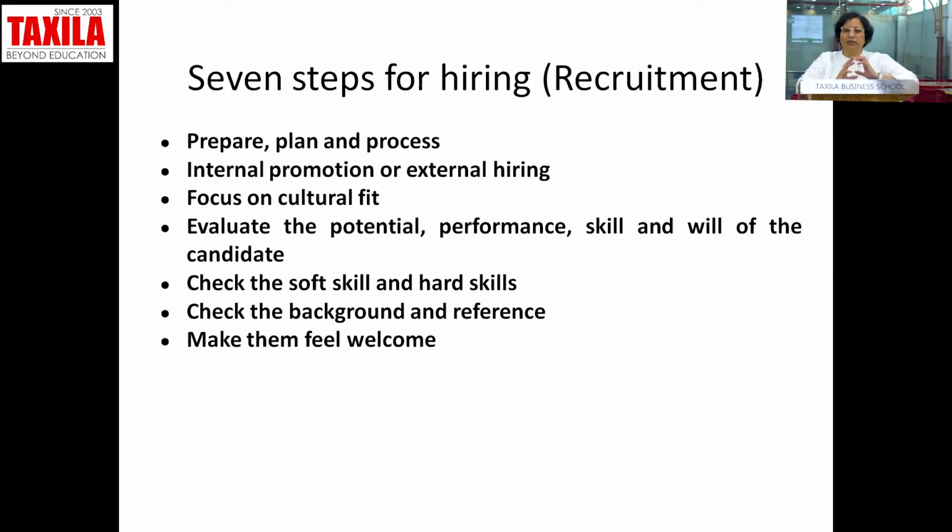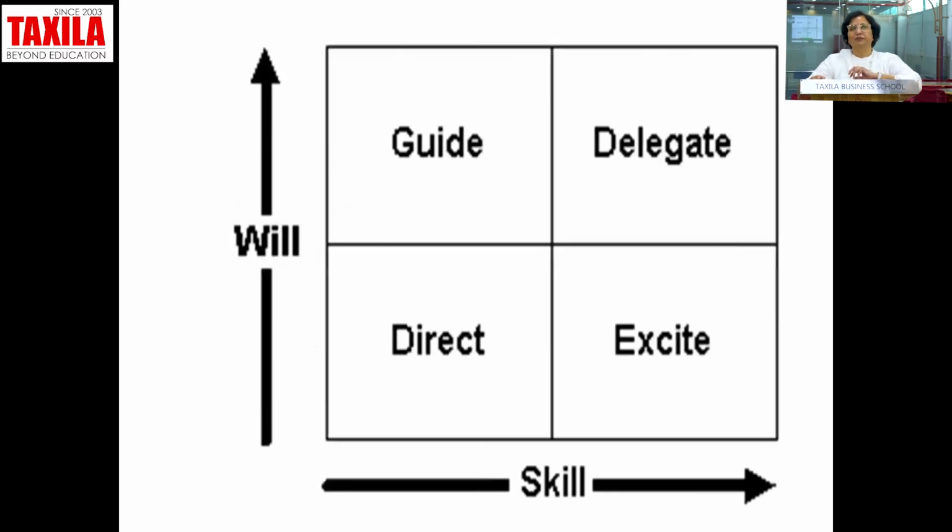So when we are evaluating the candidate, we should evaluate their potential and their performance. And when it comes to skill and will, I'll take the next slide to show you how it is to be evaluated. You need to check their soft skills and hard skills. Background and reference check has to be done, and after that, induction. Now, one thing that is left is skill and will. So, can we have the next slide, please?